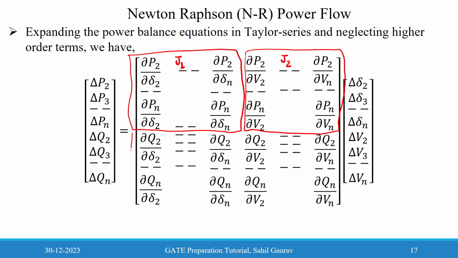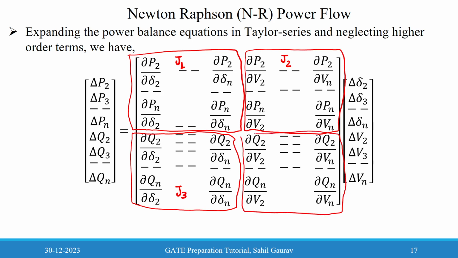In J3, the partial derivative of reactive power with respect to voltage angle, that is J3. And here the partial derivative of reactive power with respect to voltage magnitude, we can take as J4.